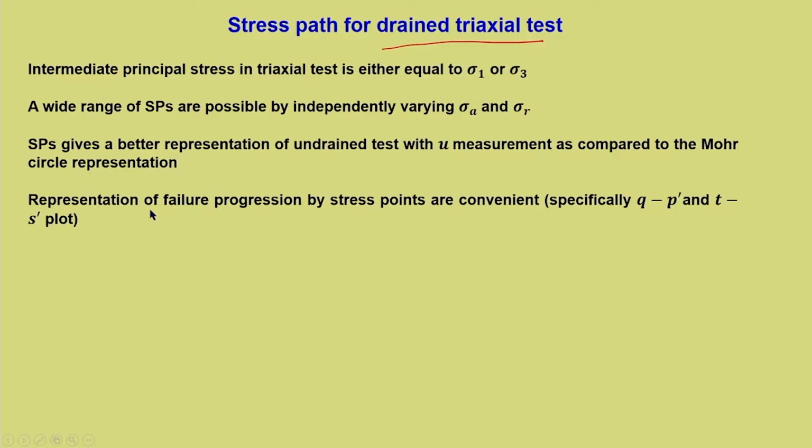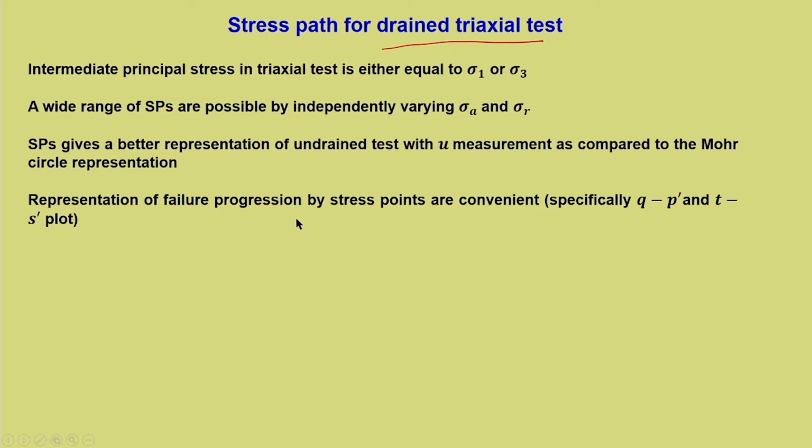So, stress path is much more handy in understanding this, and to some extent you have already appreciated this point in the last few lectures. It is very specific for undrained test that we need to keep in mind, because it clearly shows how the undrained stress path routes to its failure.